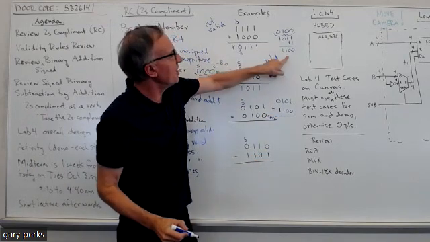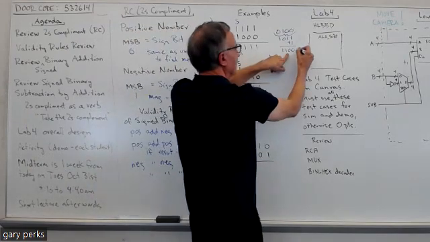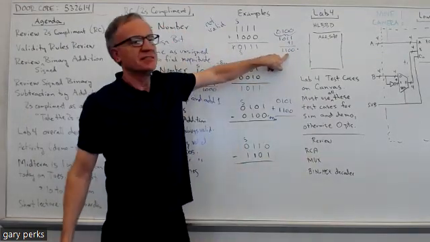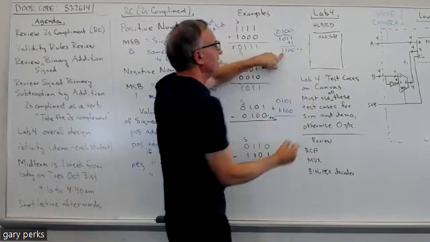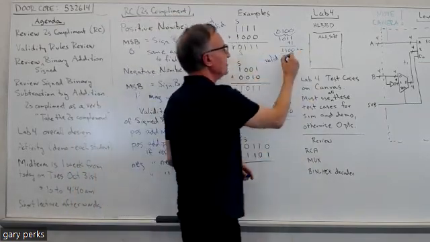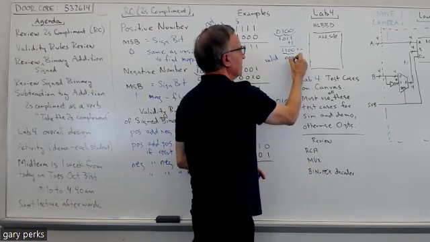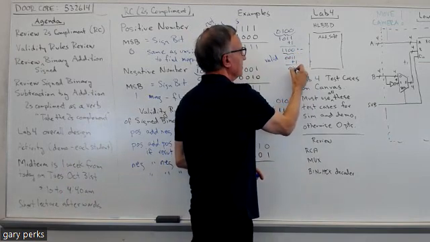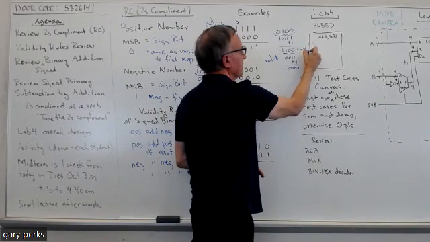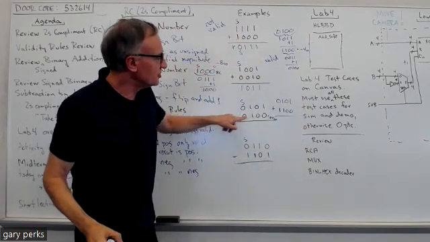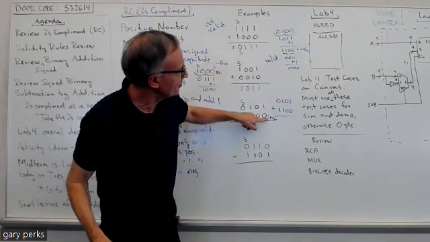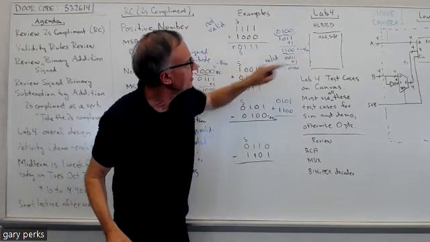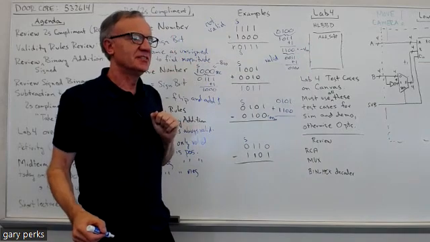Then we take the two's complement. What's this in base 10? -4, because the sign bit's a 1, which is negative. To get the magnitude, I flip the bits and add 1. Right, -4. So we took the two's complement of this number and it negated it. Before, it was +4. After, it's -4.